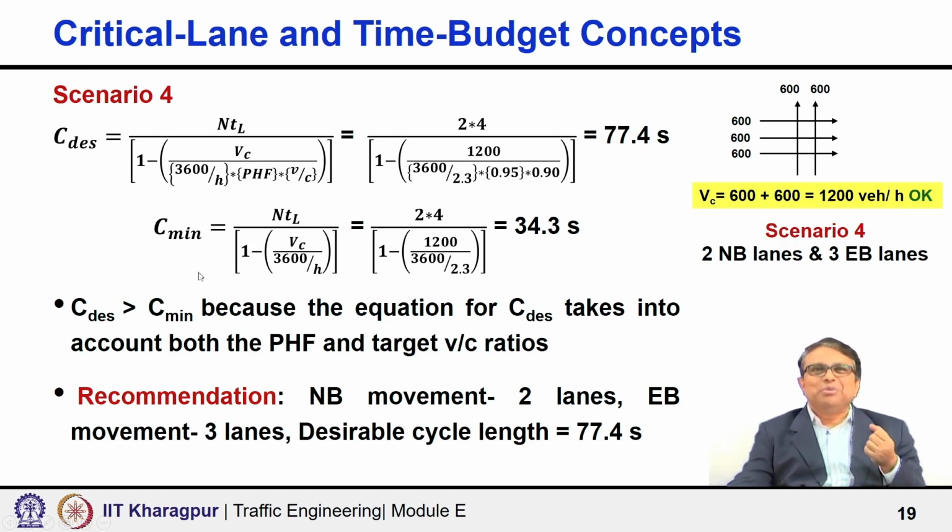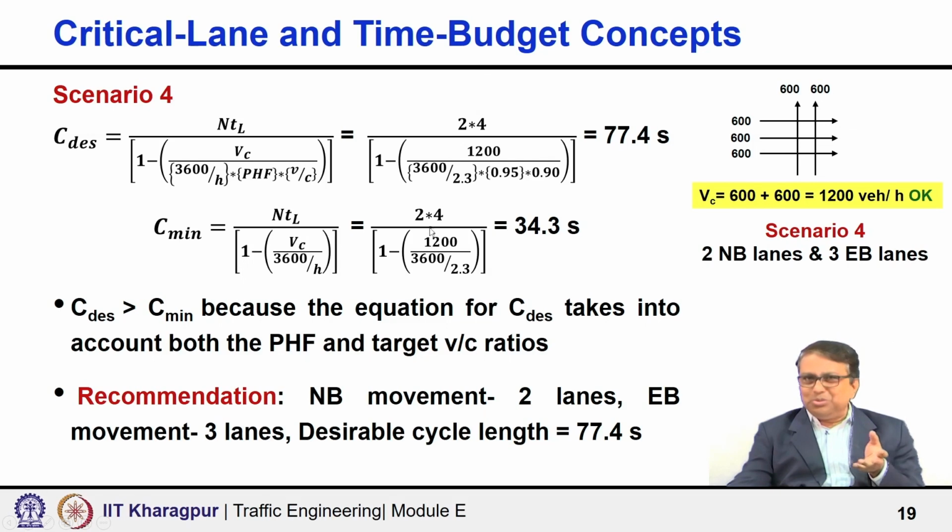So, while the minimum cycle length requirement is 34.3, the desirable cycle length is 77.4. Altogether, C design is greater than C minimum, because the C design equation takes into account both the peak hour factor and the target V by C ratio.